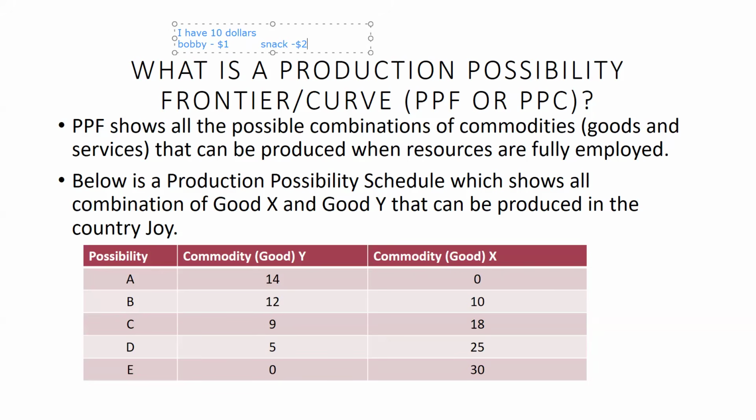Anybody? Zero. So I could only buy 5 snacks and no bobbies.